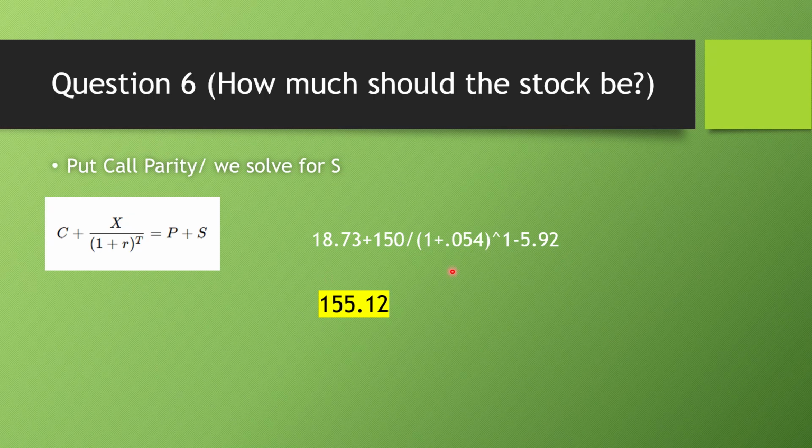Usually, after solving for this, I think I'm going to just be more detailed here. After solving for this, I divided 150 into this number, which is just 1 plus 0.054, which gives you 1.054 literally. So after you get that, you'll get a big number, so it'll be like 142, and then you just, oh, I'm missing a step, guys, sorry.